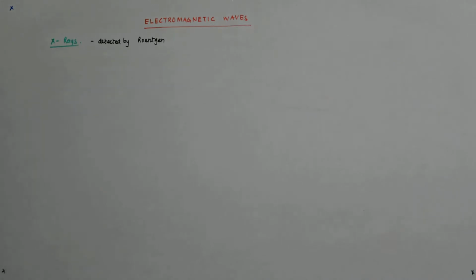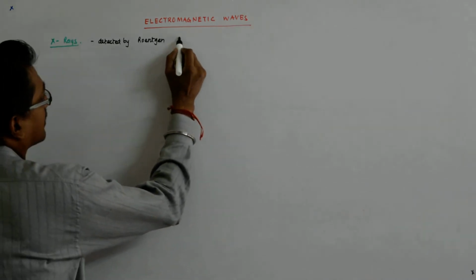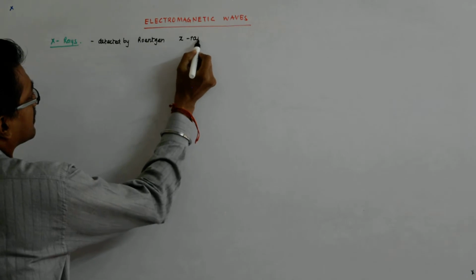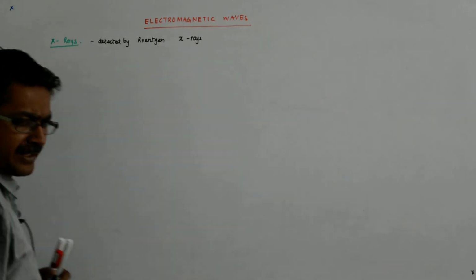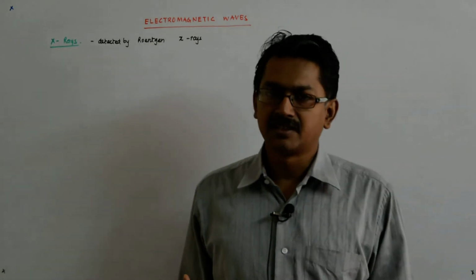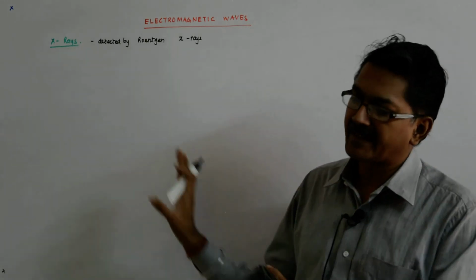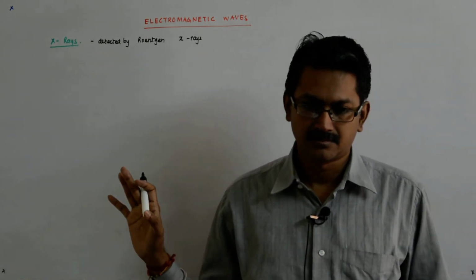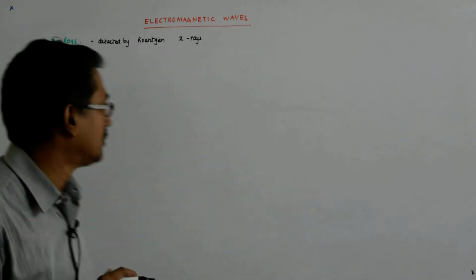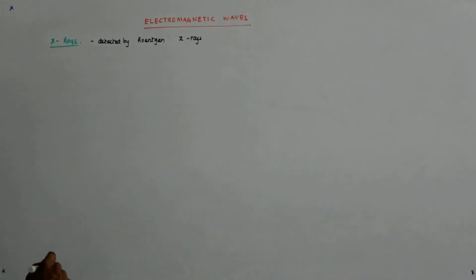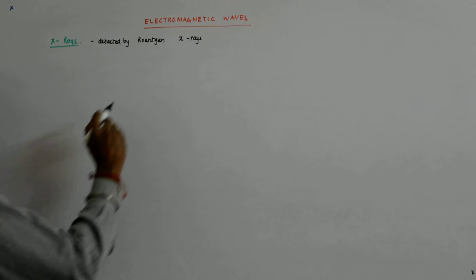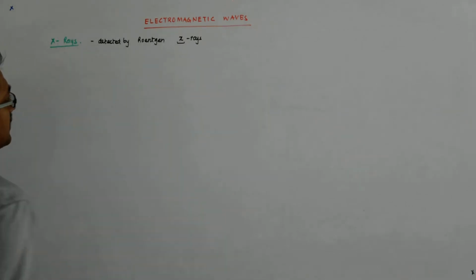So he actually called it X-rays and thought of naming it later, but this name picked up and it remained as X-rays. So that's how the name came into being. This X was that unknown in mathematics.